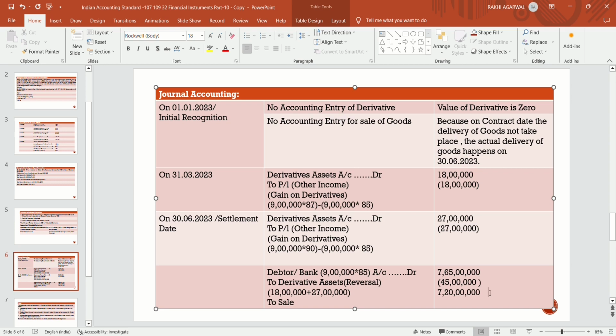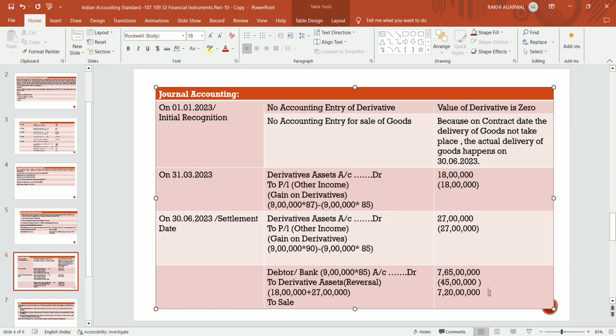So on that date only the accounting entry for the supply of goods is to happen. At initial recognition, only the paper entry, only the contract is prepared, which is an executory contract. On 31st March 2023, there is a change in fair value from 85 to 87.